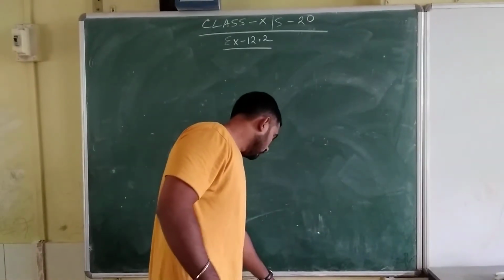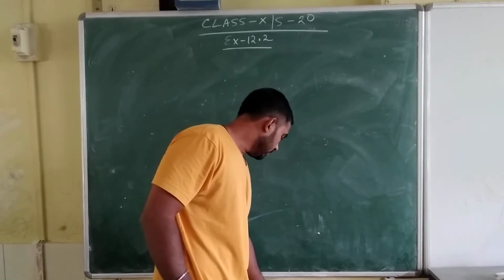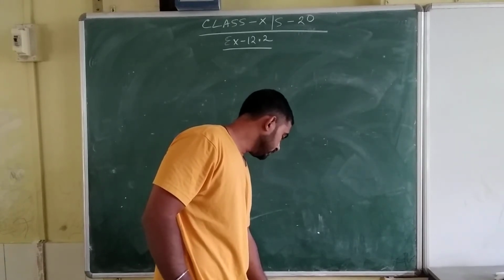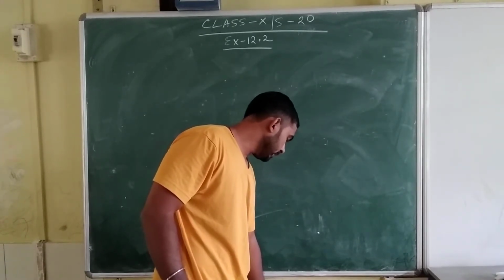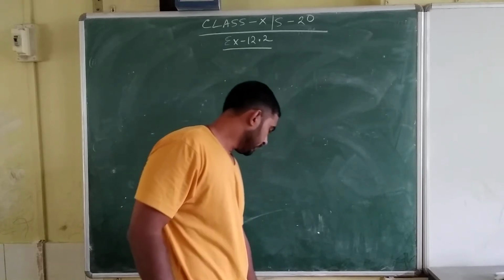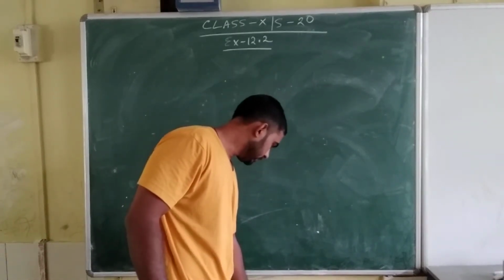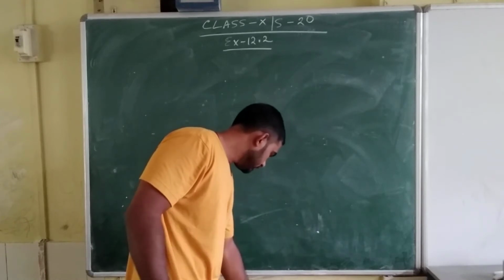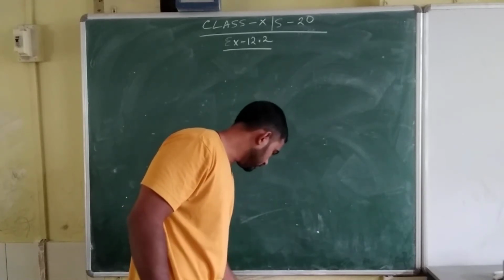Now the first question is the area of a circle inscribed in a square of side a? This is not the question. Wait, this is the example.